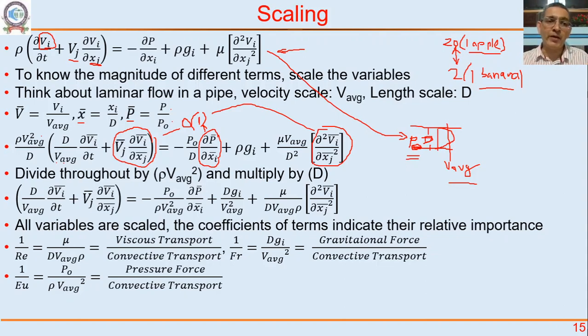So the relative importance of each of these terms I will get to know if I compare their coefficients, like this. 20 is the cost of one apple, 2 is the cost of one banana. It's like a coefficient. If you want to write an equation, 2 times the cost of one apple is equal to 20 times the cost of one banana.